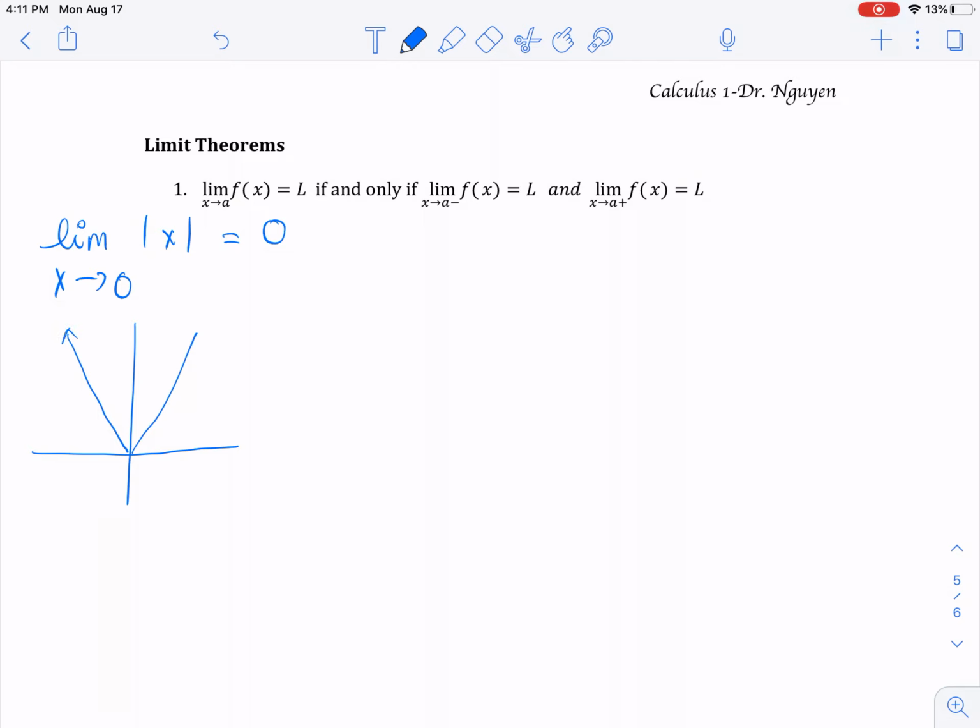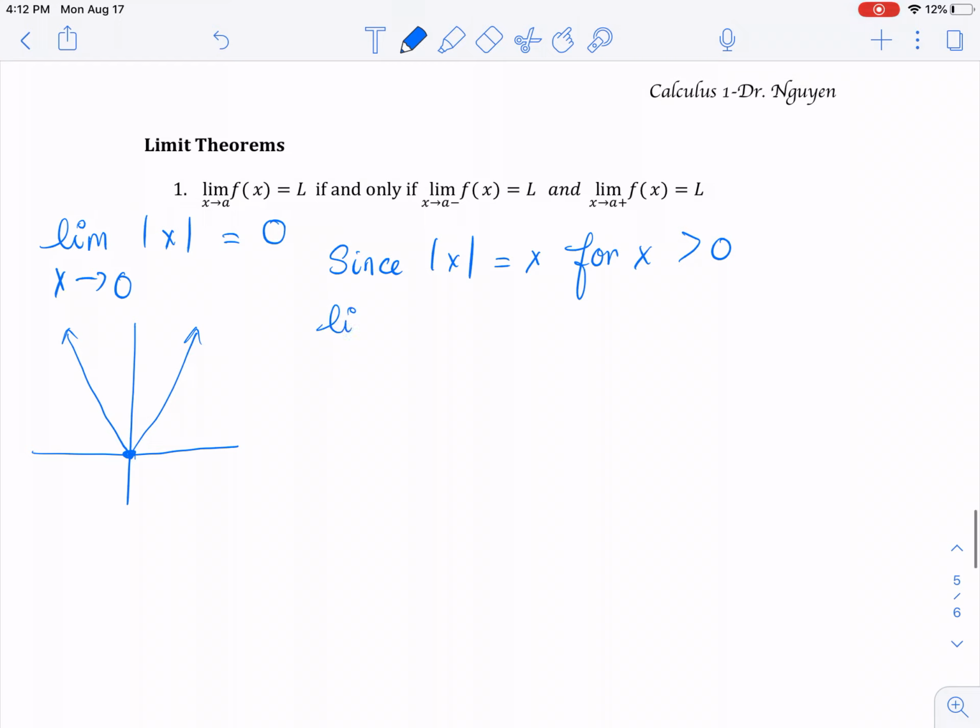As you can see, left and right, we have the same number, right? But let's just show it. So this is how we define the absolute value function. The absolute value of x equals x for x greater than 0.